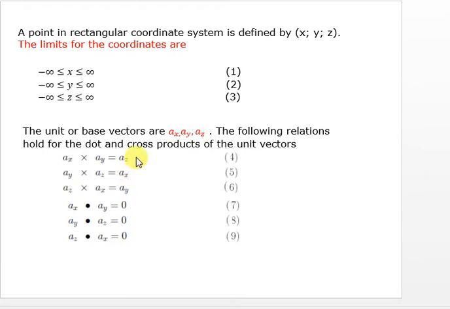These are the cross products. Similarly for the dot product, unit vector ax dot ay equal to 0, ay dot az equal to 0, az dot ax equal to 0. These we have determined with the help of the previous dot product and cross product expressions.